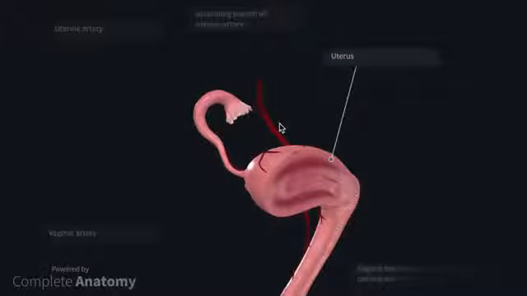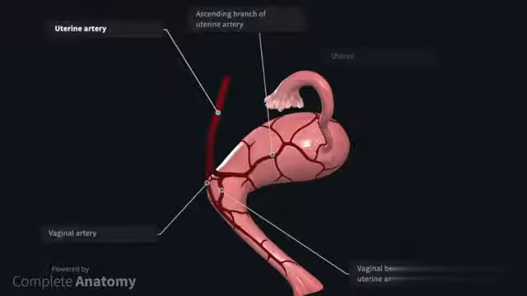The uterine artery arises directly from the internal iliac artery. The vaginal artery, which we can see here, will sometimes arise from the uterine artery, although in some cases it will arise from the internal iliac artery.